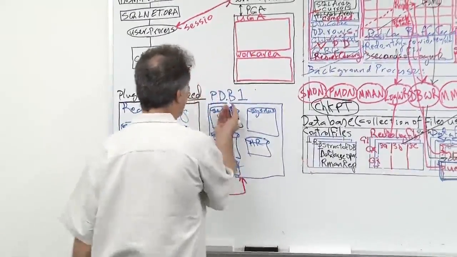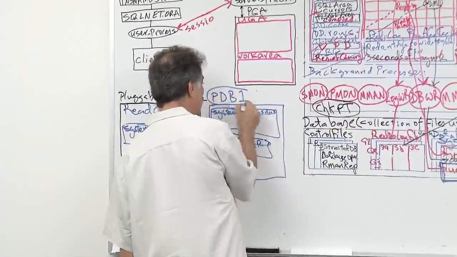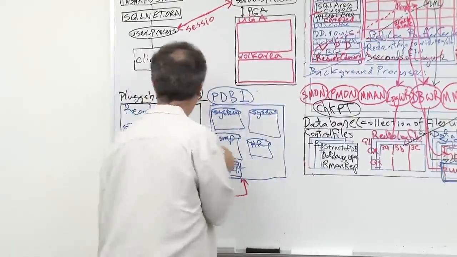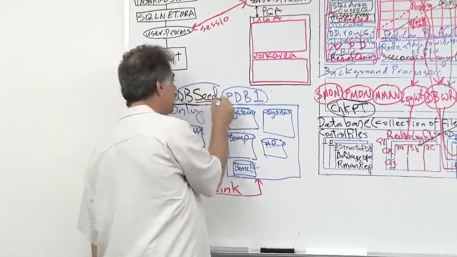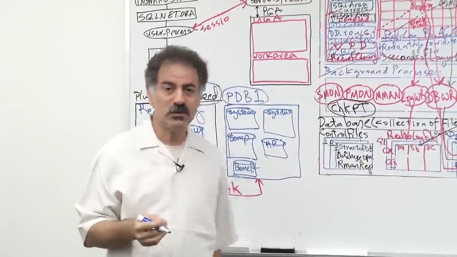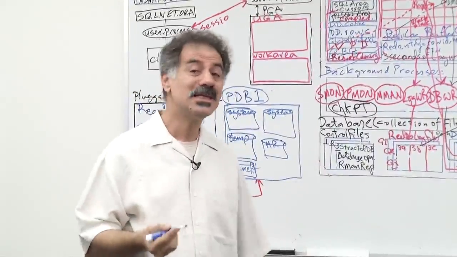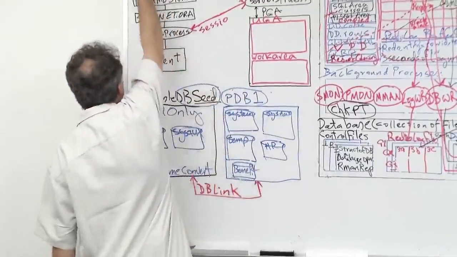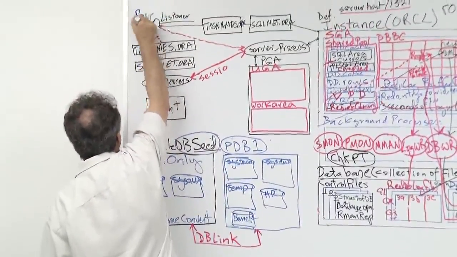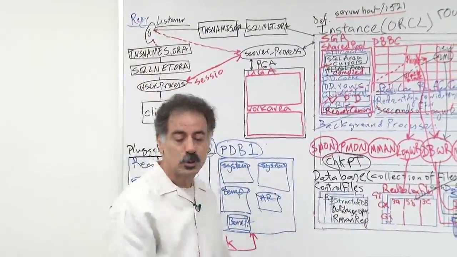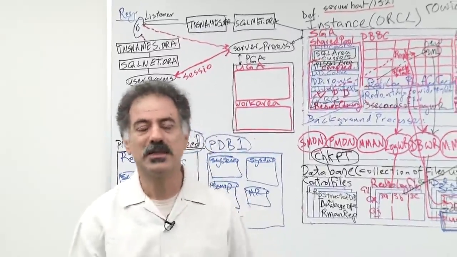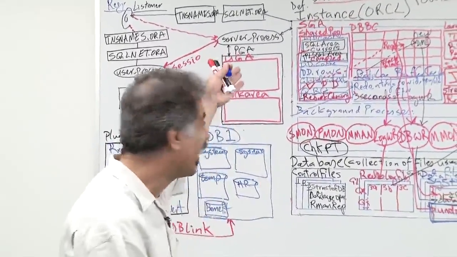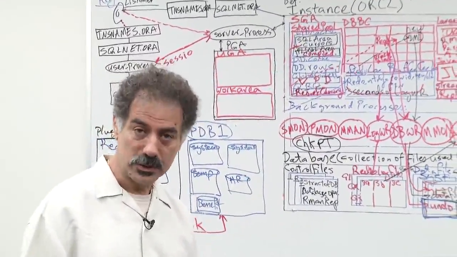So now I have a service for PDB1 and I have a service for PDB seed. Since these services are automatically built in the database, they're also automatically registered with the listener. So now my listener also knows that these PDBs are being served by that container database.